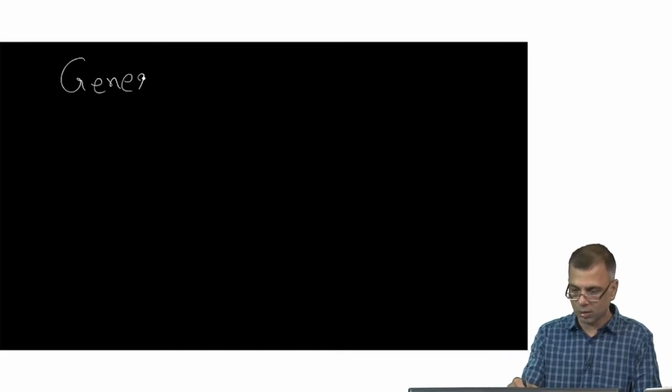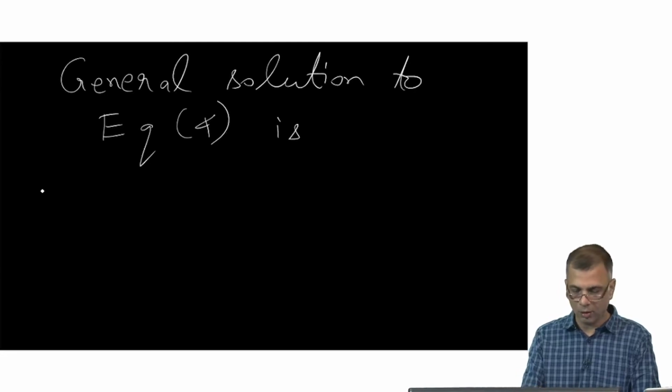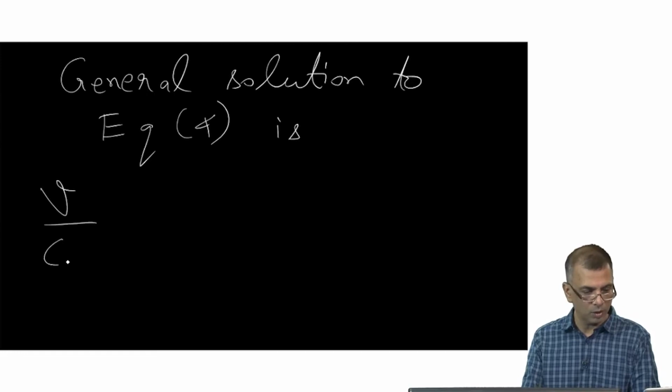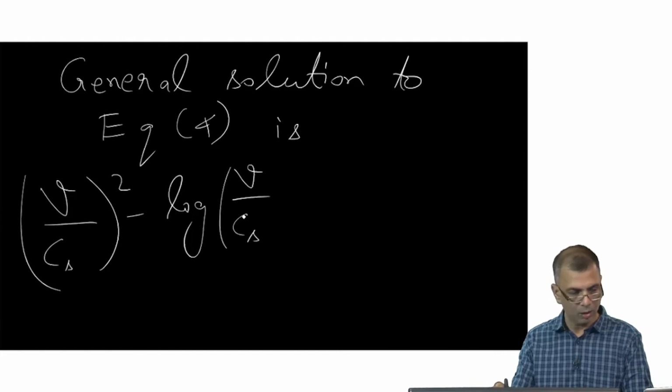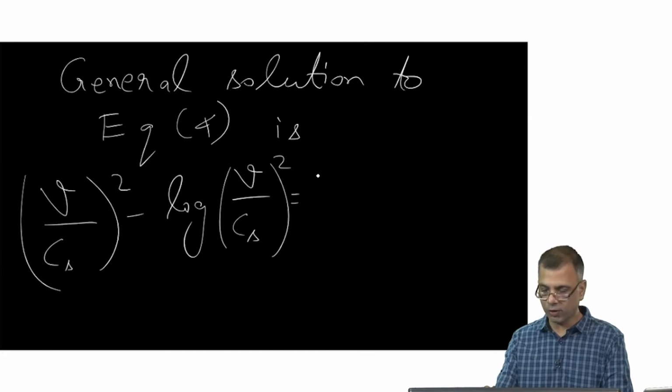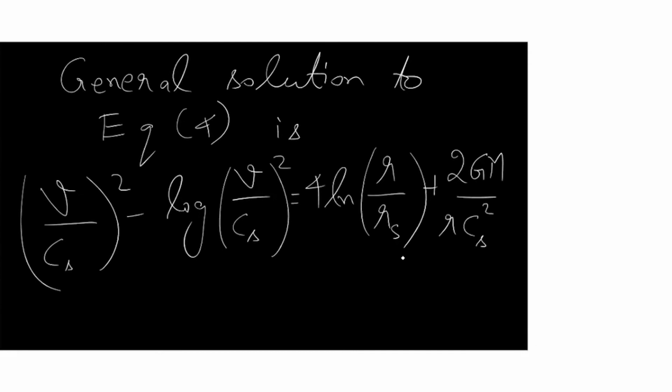The general solution to equation 4 is V over Cs, minus log, you can verify this, r sonic, okay, plus, over r, okay, where this is the constant of integration.